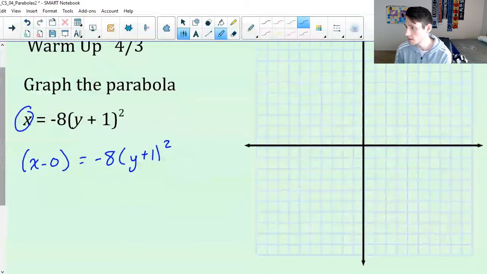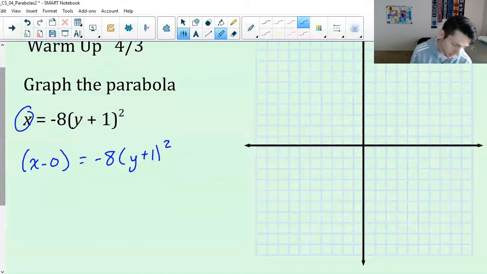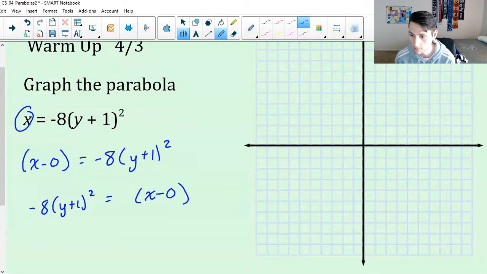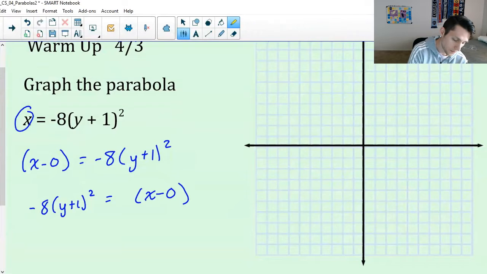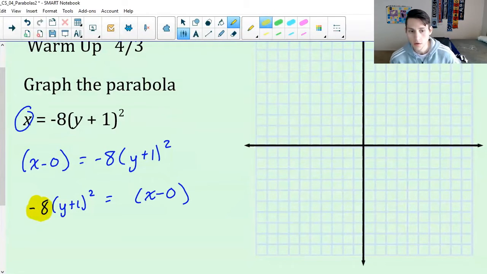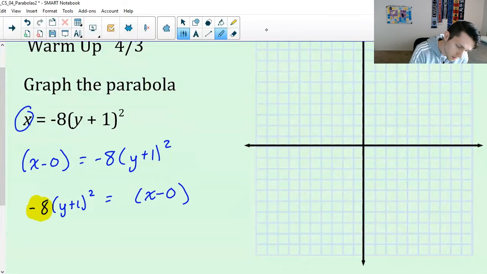in order for this to be in the form that we're used to seeing, first off, I'm just going to go ahead and flip the sides here. And the other thing that I'm going to do is, if you remember back to the form here, we want the coefficient to be on the linear part.